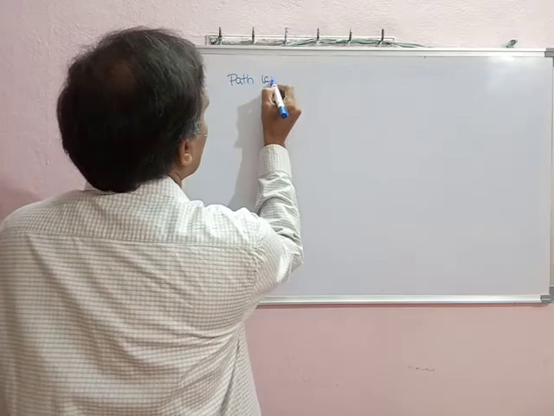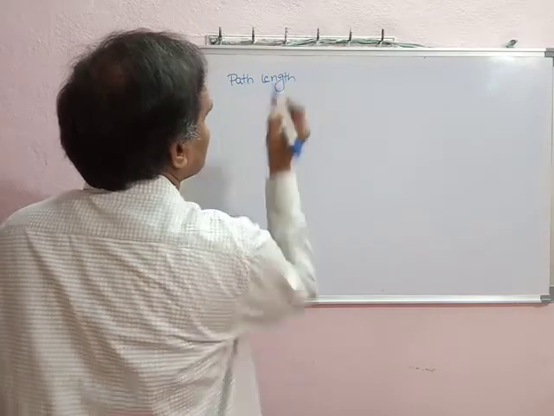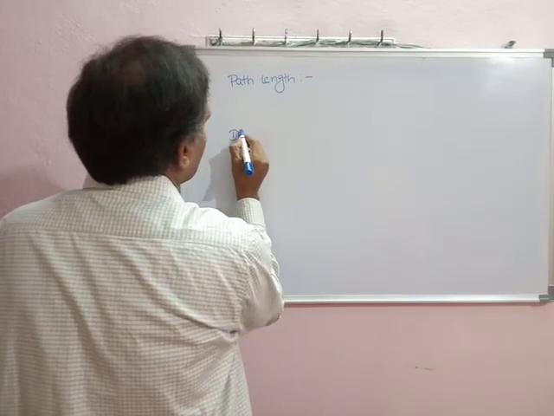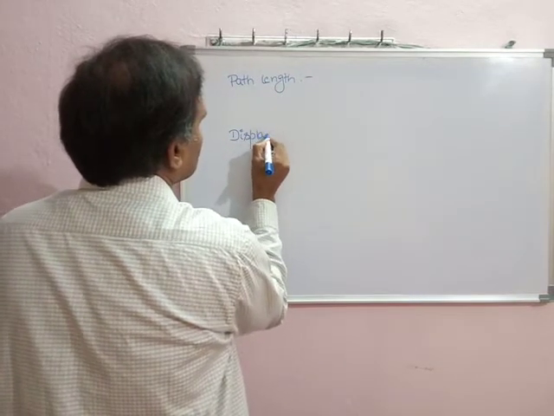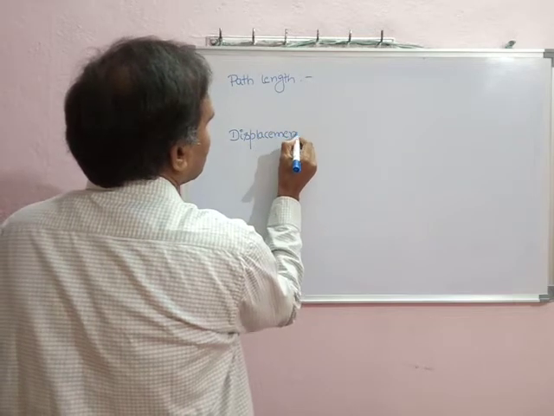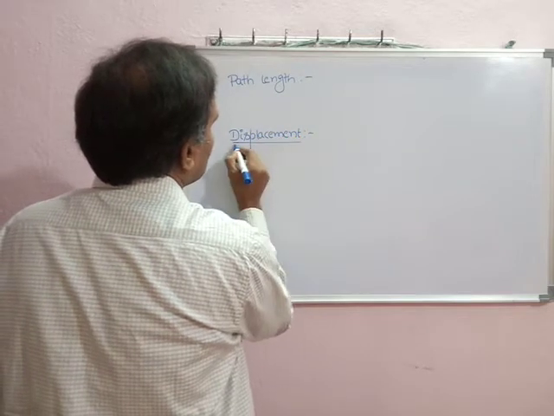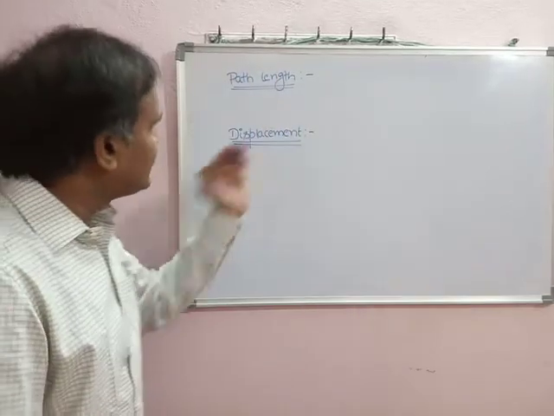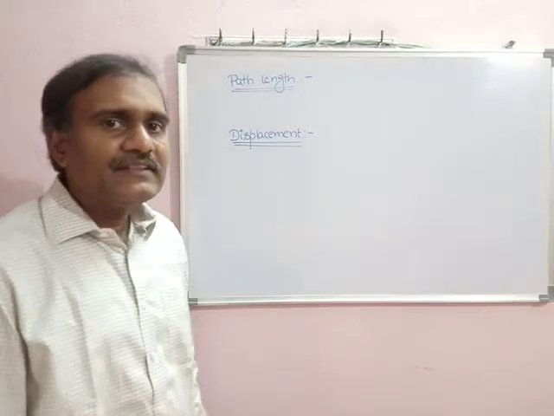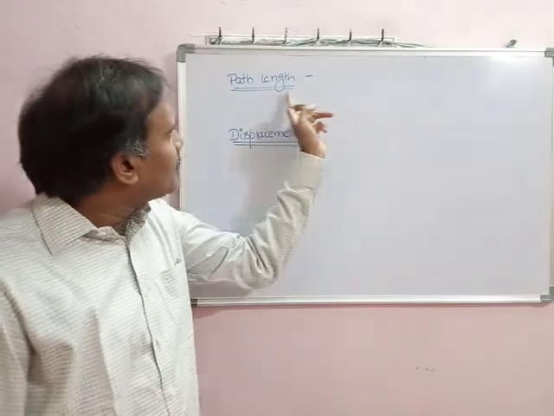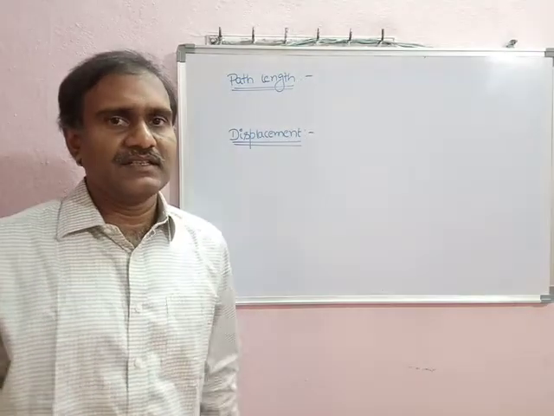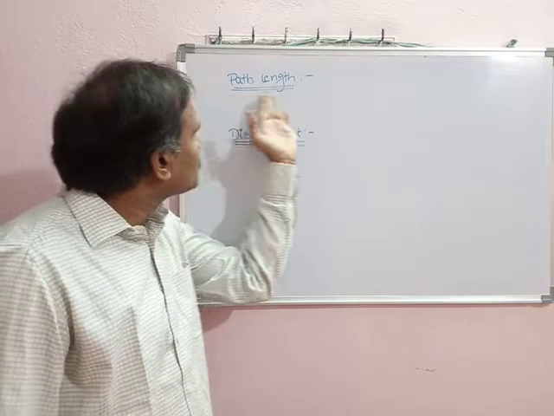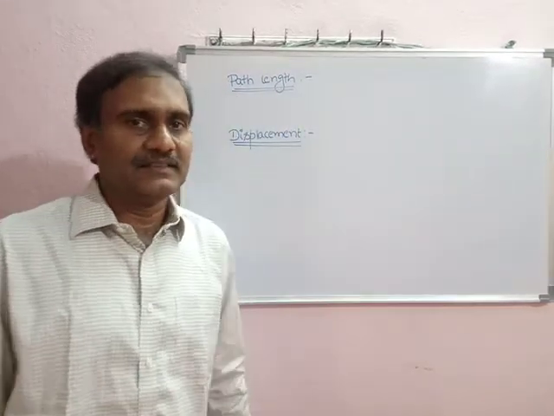And the next one, displacement. We will discuss these two here. Remember that, I am not using the term distance. From here onwards, I want to use the term path length.